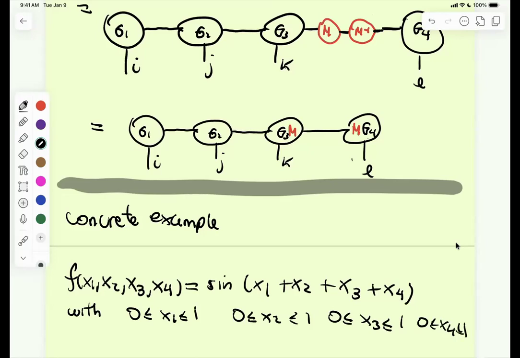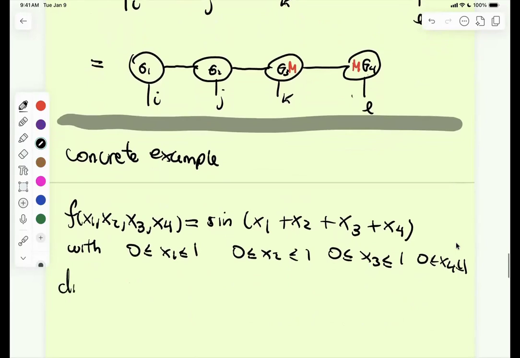In numerical analysis, many times when you have a function of multiple variables, you discretize the function. So you discretize the interval 0, 1, meaning you choose an integer n which is large enough.